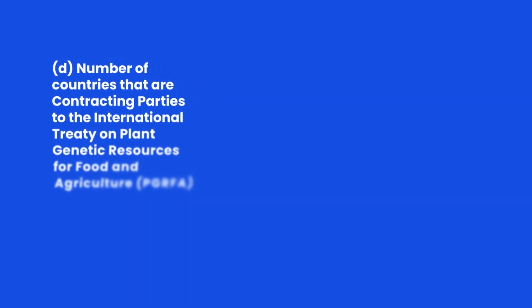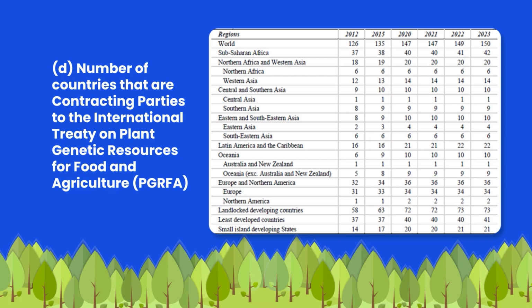In the same way, look at the number of countries that are contracting parties of the International Treaty on Plant Genetic Resources for Food and Agriculture. That is international collaboration, and the number of countries is increasing. It was only 126 in 2012, and now we have 150 in 2023.